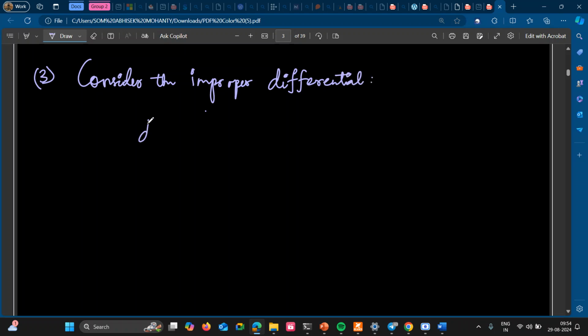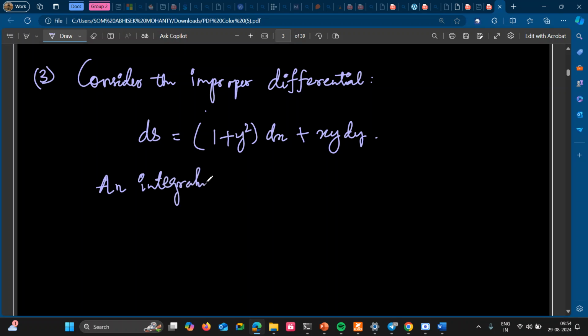Consider the improper differential ds is equal to 1 plus y square dx plus xy dy.